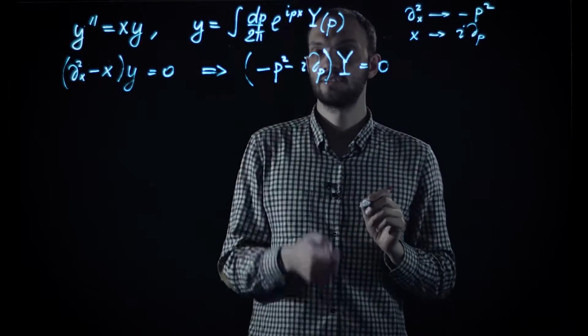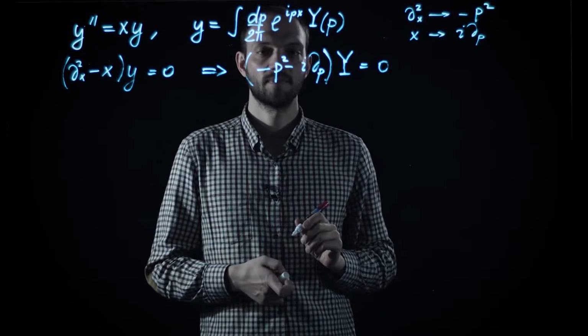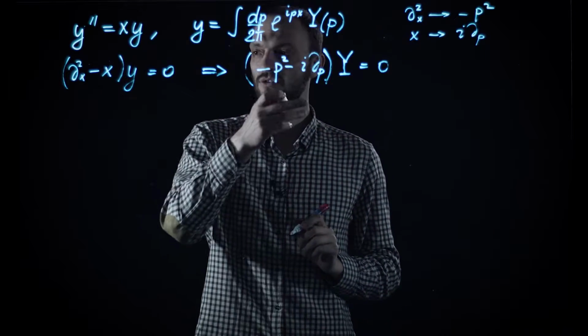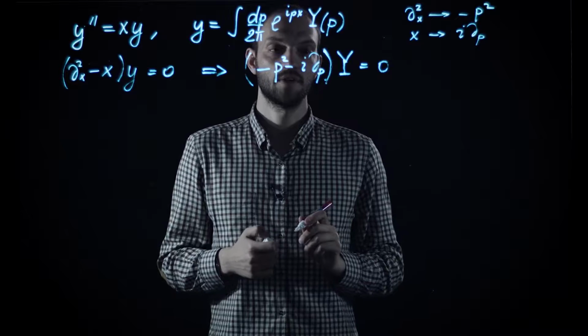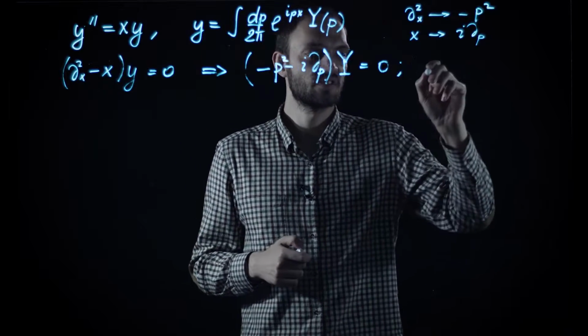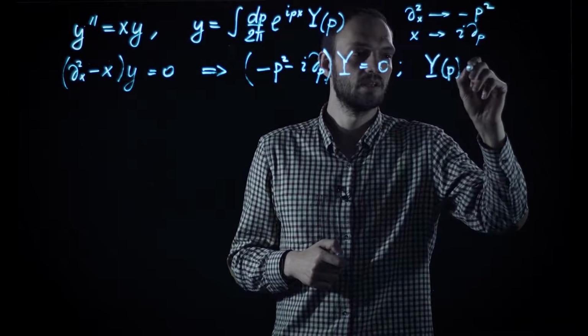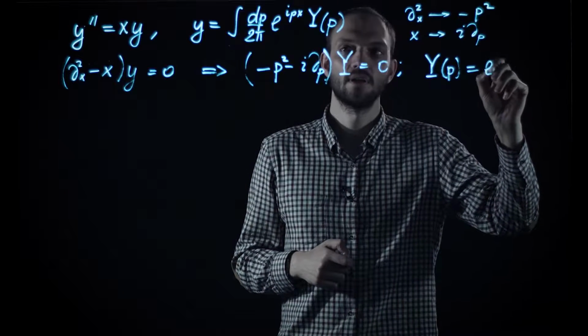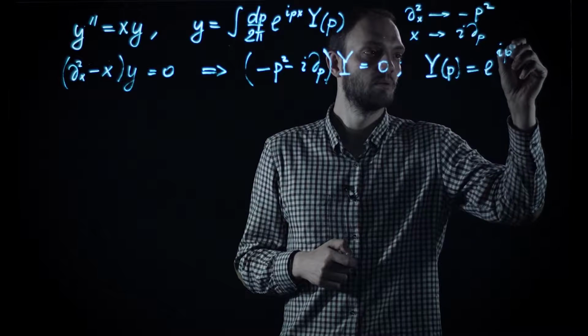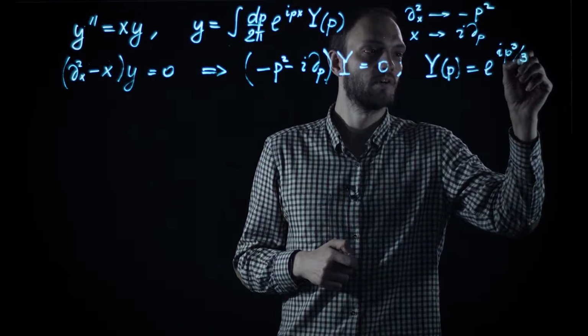And this equation is to a certain extent much simpler, first of all because it's of the first order, and in fact can be explicitly integrated with the result for Y as a function of p equal to exponent of i p cubed over 3.